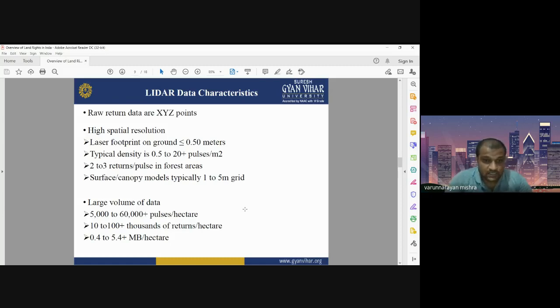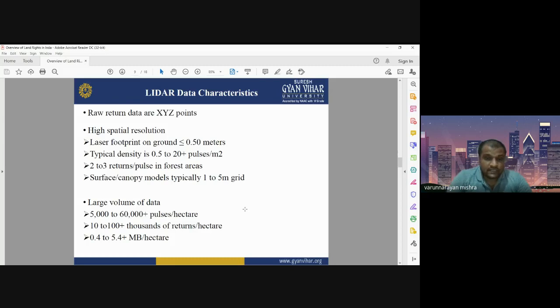So these are the lidar data characteristics that are very important to know: how many returns per minute, or how much area is captured by that laser footprint. The laser footprint, or the area captured by the laser at a time on the ground, should be below 0.5 meters so that you will get high spatial resolution images.